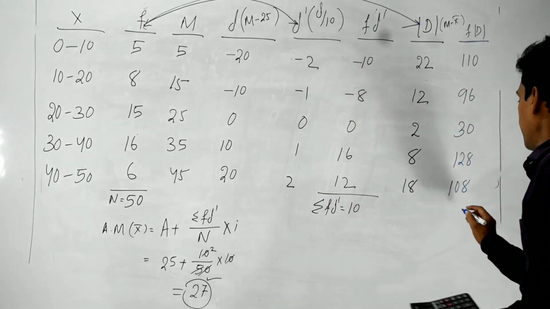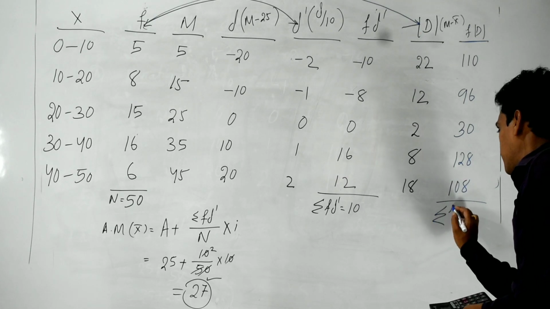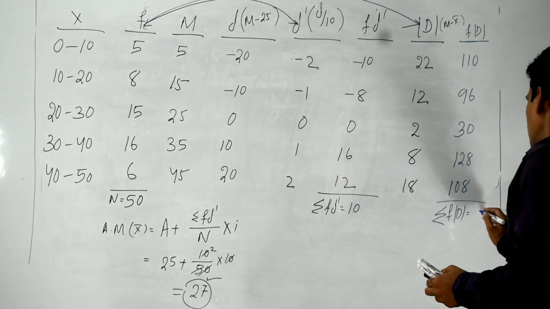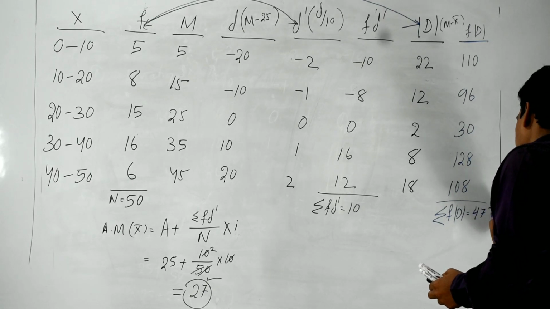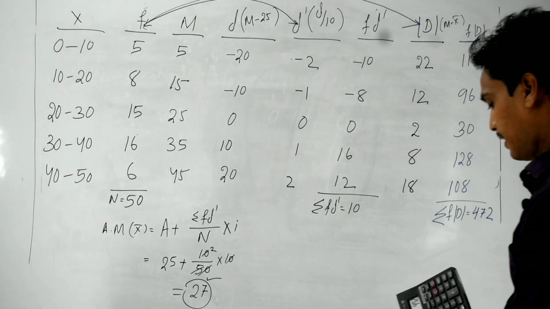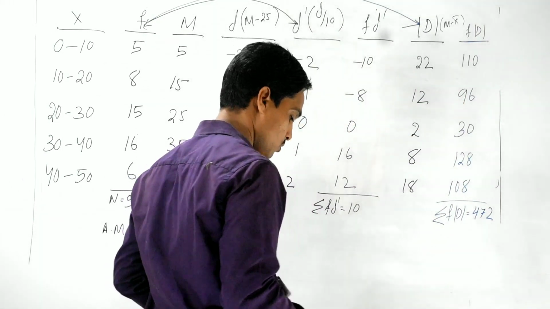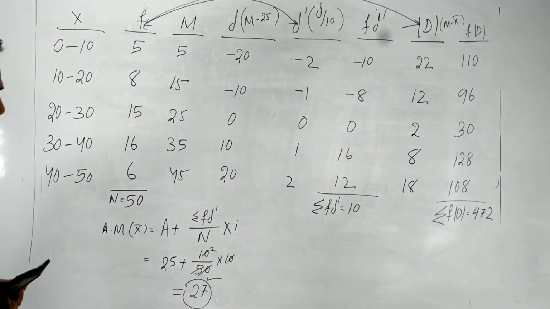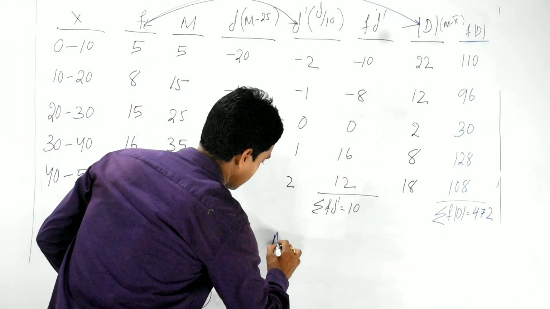Now we have to find out summation f d mod equals 472. So f d mod equals 472. Now find out mean deviation.